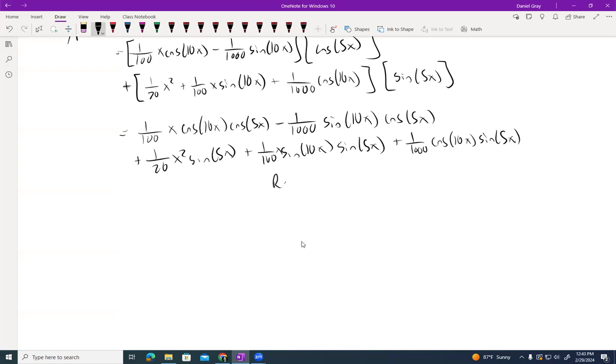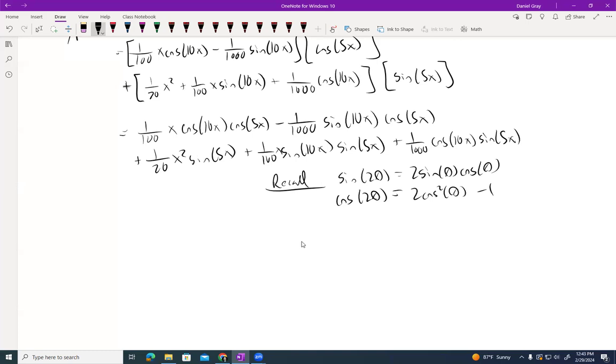Recall, since I wrote them above, sine of 2 theta is the same thing as 2 sine of theta times cosine of theta, and cosine of 2 theta is the same thing as 2 cosine squared of theta minus 1.